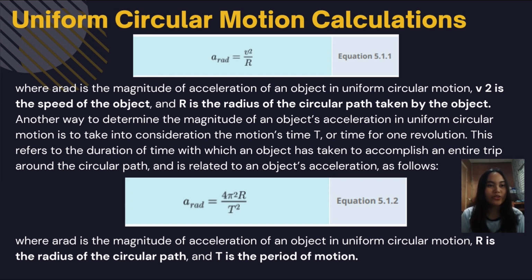This refers to the duration an object takes to accomplish an entire trip around the circular path, and is related to an object's acceleration as follows. This as well is going to be utilized later on when examples are shown. It is where a_rad is the magnitude of acceleration of an object in uniform circular motion, r is the radius of the circular path, and T is the period of motion.